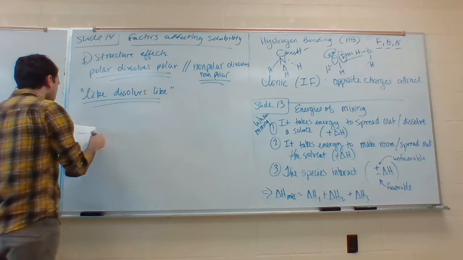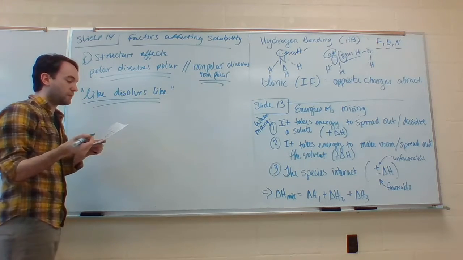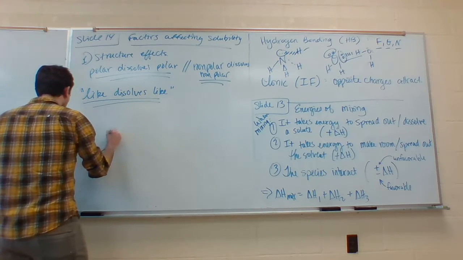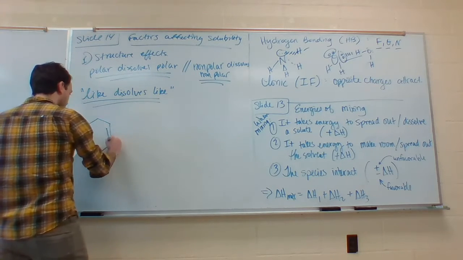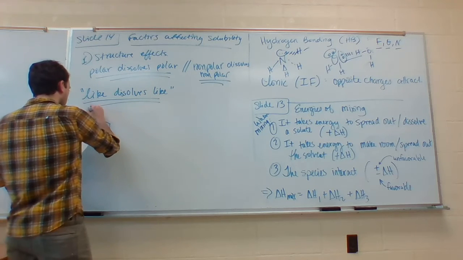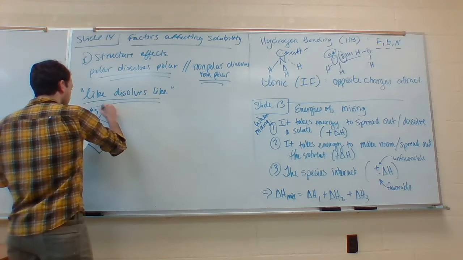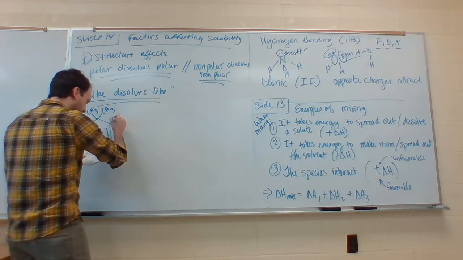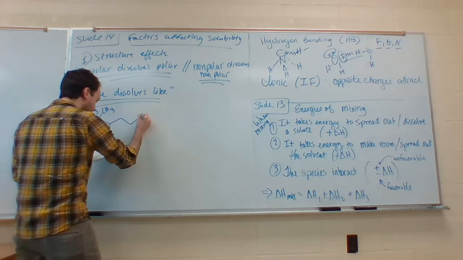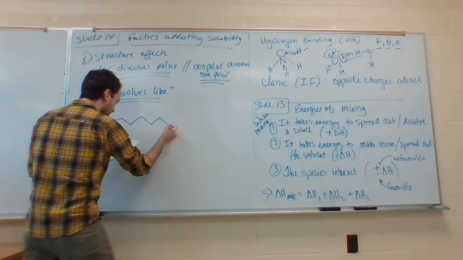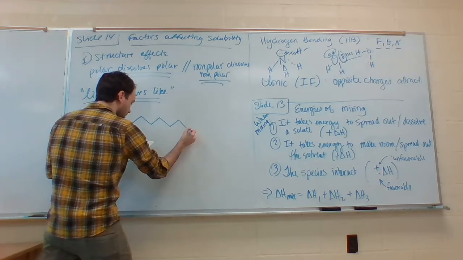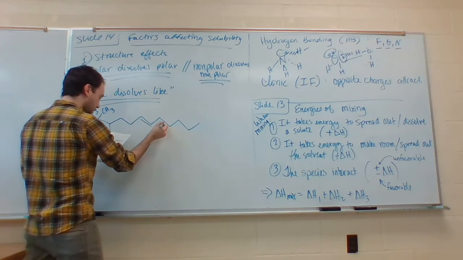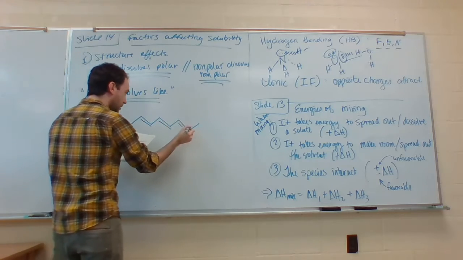If you look on slide 14, you see a big molecule of vitamin A. We have a double bond, and then we have CH3 and CH3, and all these little nodes are just carbons. I'm just drawing out the molecule. Then we've got 1, 2, 3, 4, 5, 6, 7, 8, 9, and we have double bond, double bond, double bond.